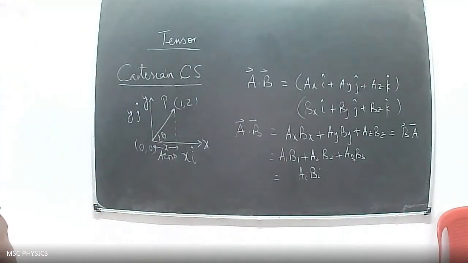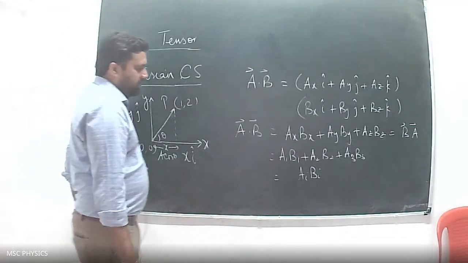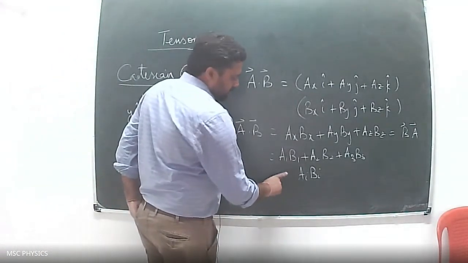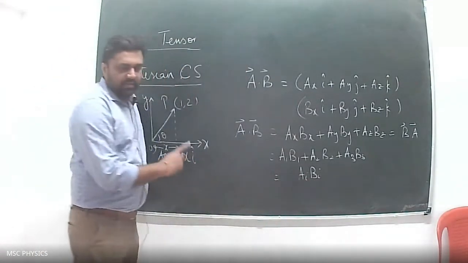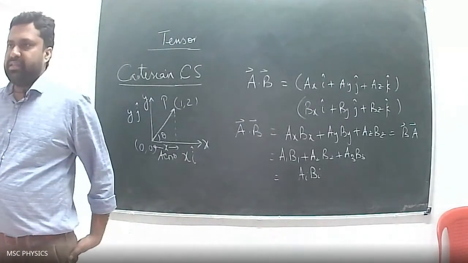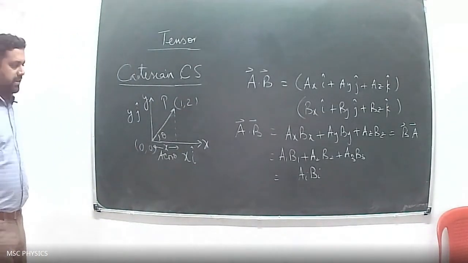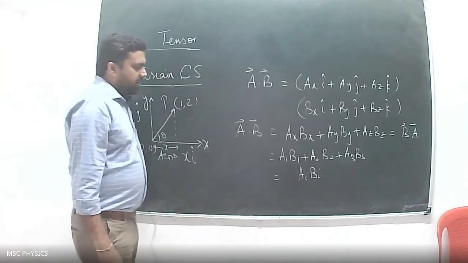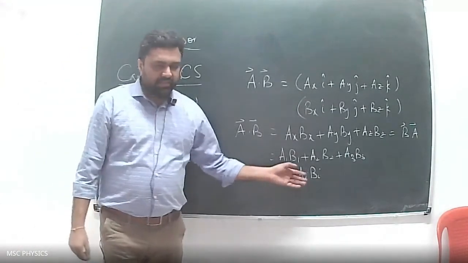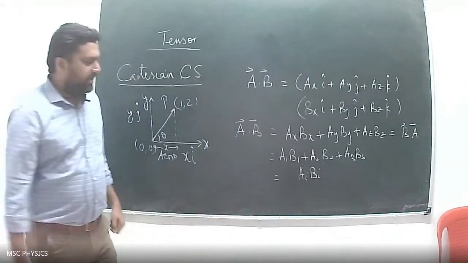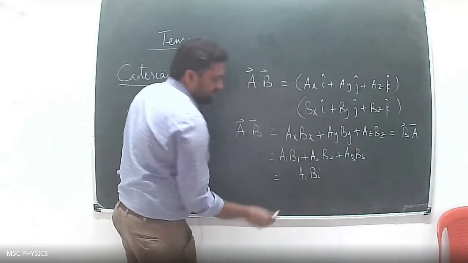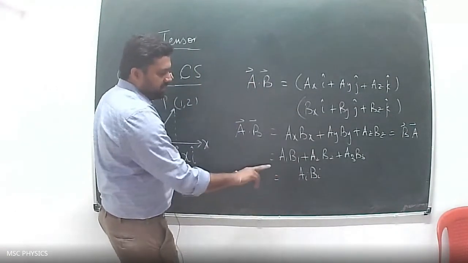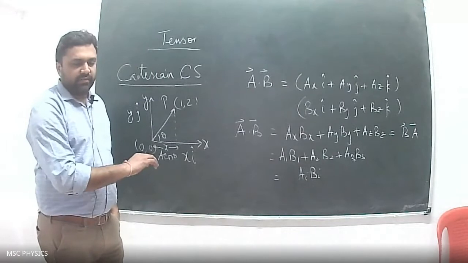If I write it with sigma or without sigma, the summation is implied. That's the summation convention used by Einstein for the first time. So we can remove that sigma, because the indices are being repeated, ai bi, then we will sum over all the i's. So i will run from 1 to 3.